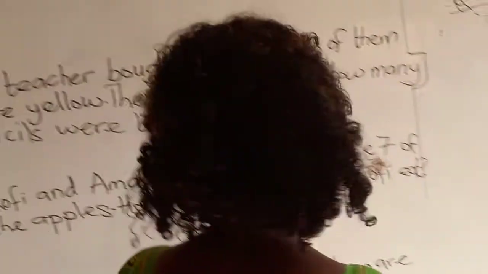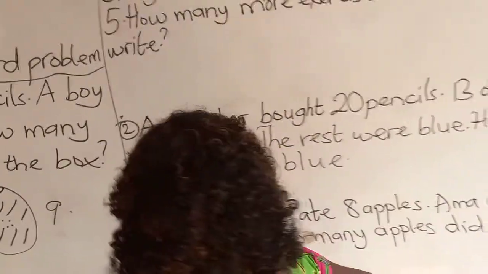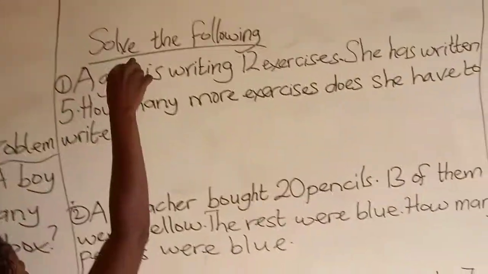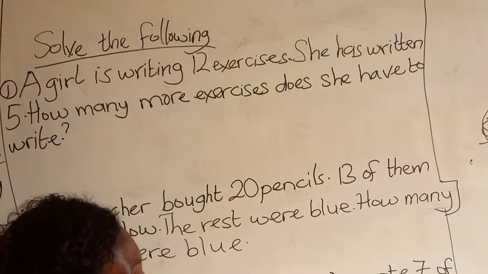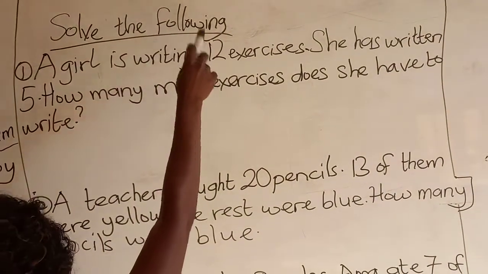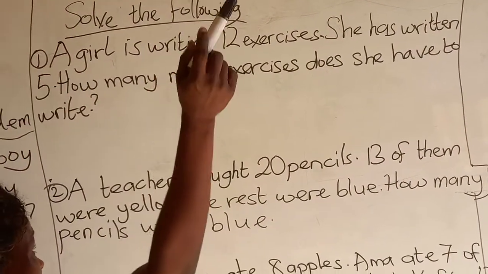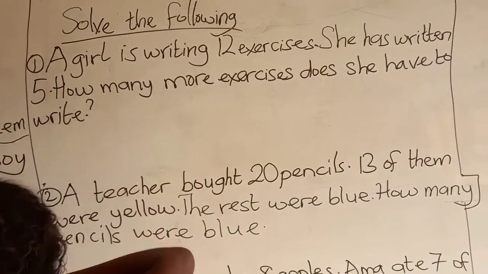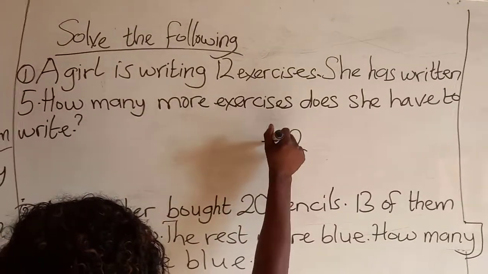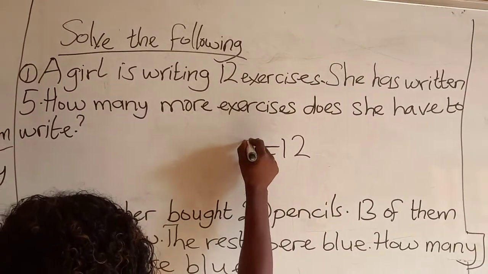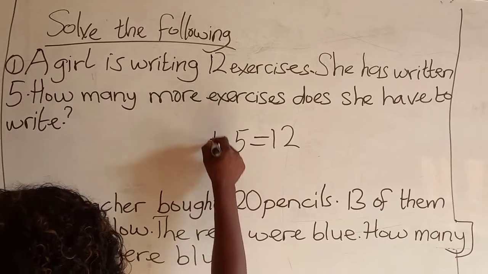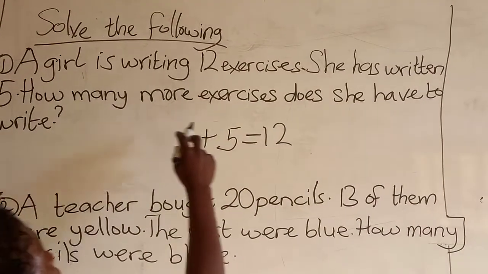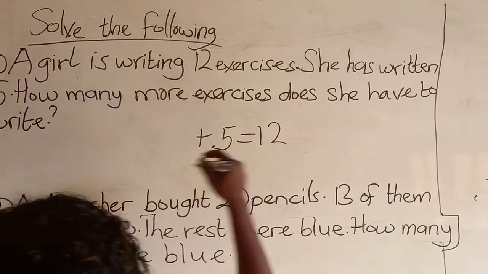Let's move on. So now we are going to solve the following. A girl is writing 12 exercises. That is the total number of exercises the girl is writing. She has written 5. Figure out the total equal to, put down what she has written. How many more exercises does she have to write?